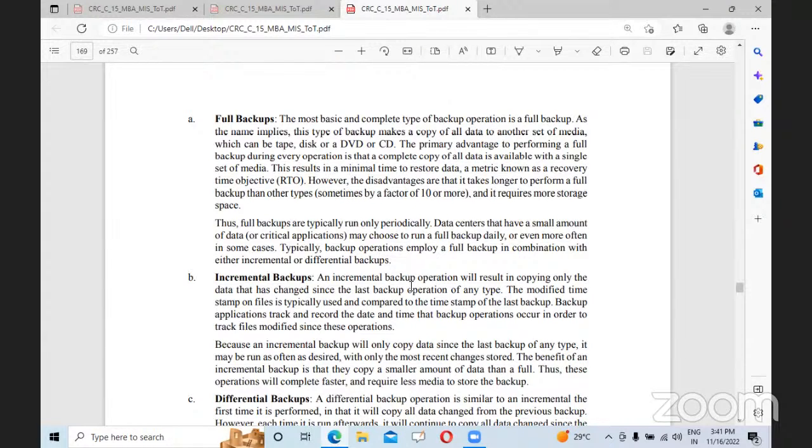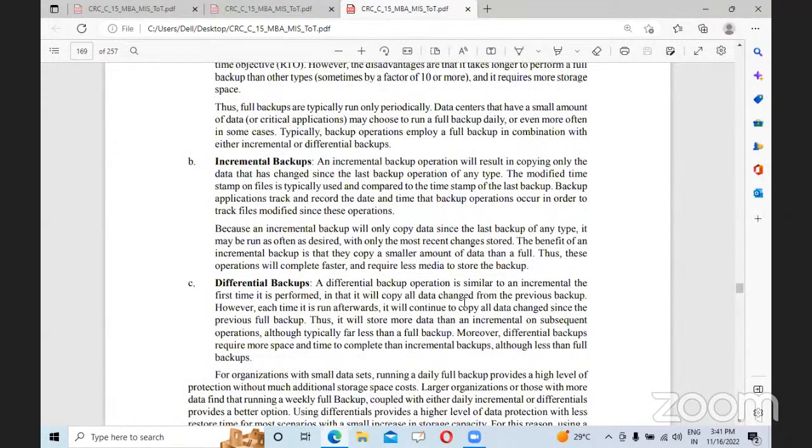Because an incremental backup will only copy data since the last backup of any type, it may be run as often as desired with only the most recent changes stored. The benefit of an incremental backup is that it copies a smaller amount of data than a full backup. Thus, these operations will complete faster and require less media to store the backup.